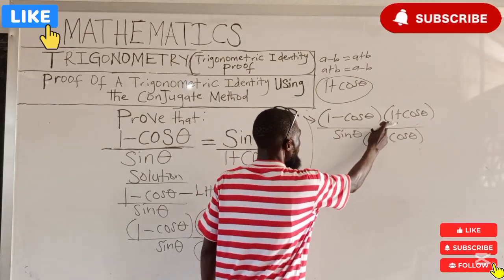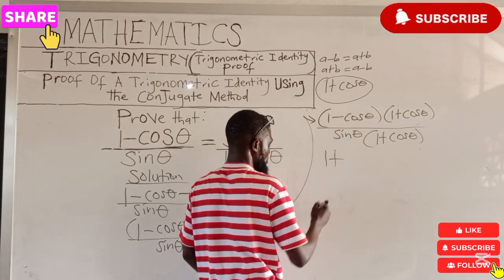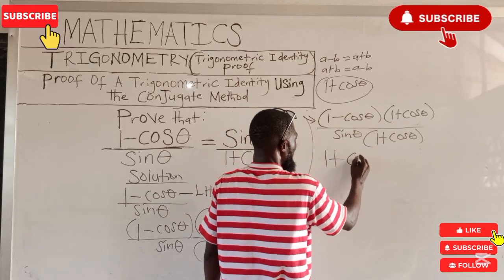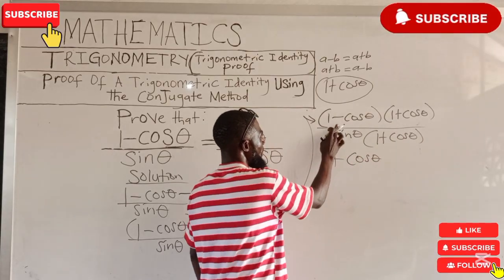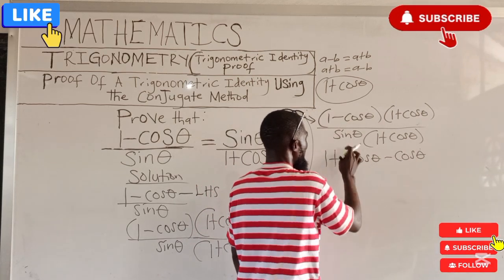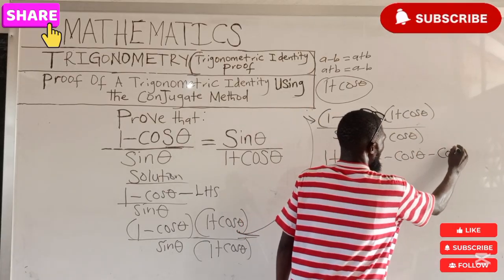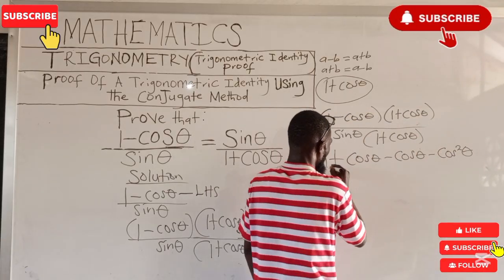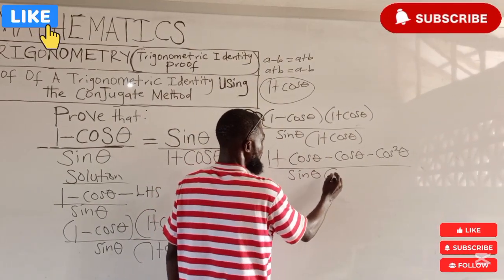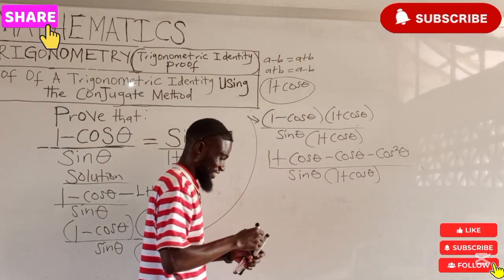So 1 times 1 is 1, plus 1 times cos theta is cos theta, minus cos theta times 1 is minus cos theta, and minus cos theta times cos theta is minus cos square theta, over sin theta, parenthesis open, 1 plus cos theta, parenthesis closes.